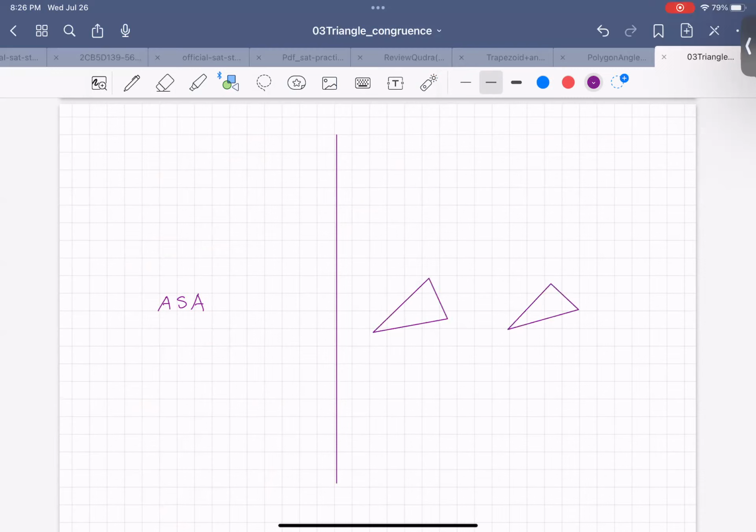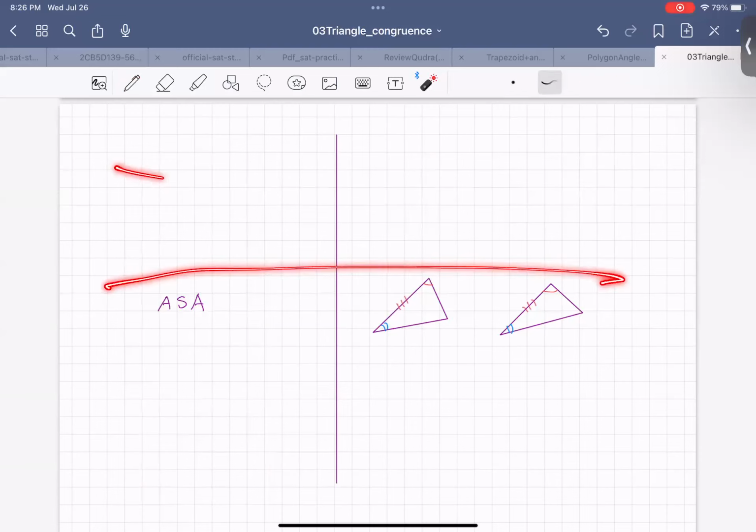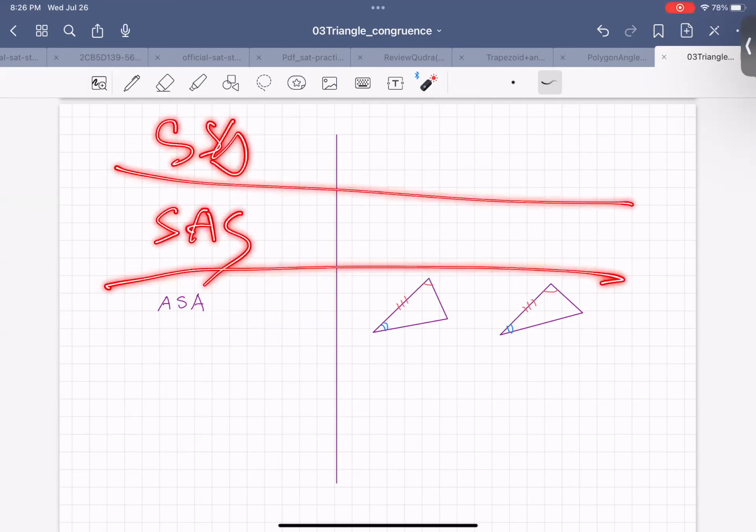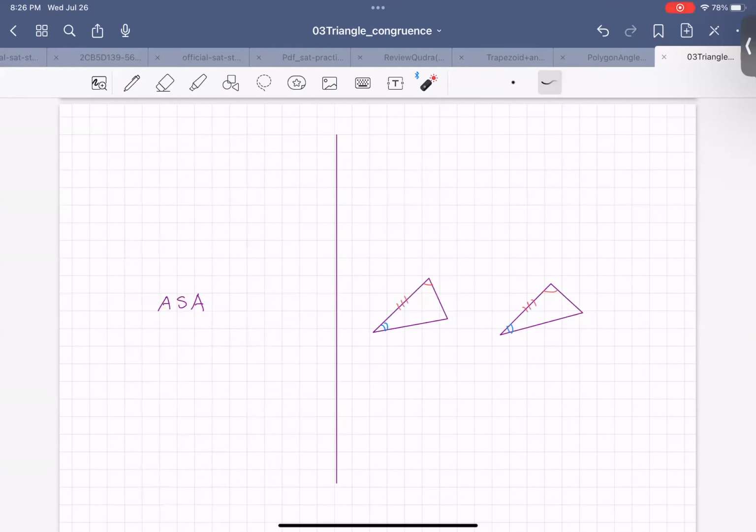ASA means these two angles are equal, and then these two angles are equal. Because it's ASA, you have this side equal. I showed you ASA. Can you do your SSS, SAS, and AAS by yourself?